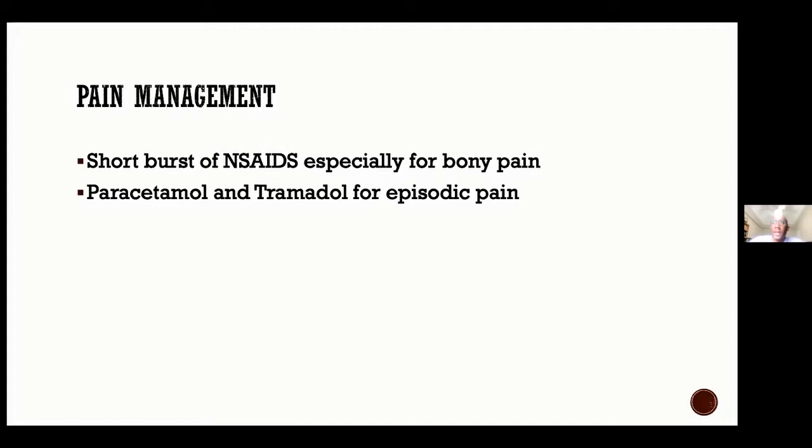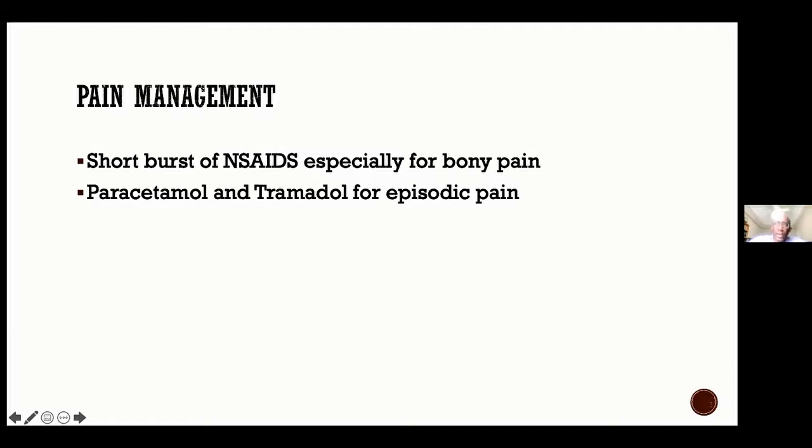Now, nothing comes for free. There are a lot of side effects with tramadol, such as drowsiness, constipation, a bit of dry mouth, and nausea can be significant in a certain percentage of the population. So these are the side effects of using these strong painkillers, and they are strong painkillers.